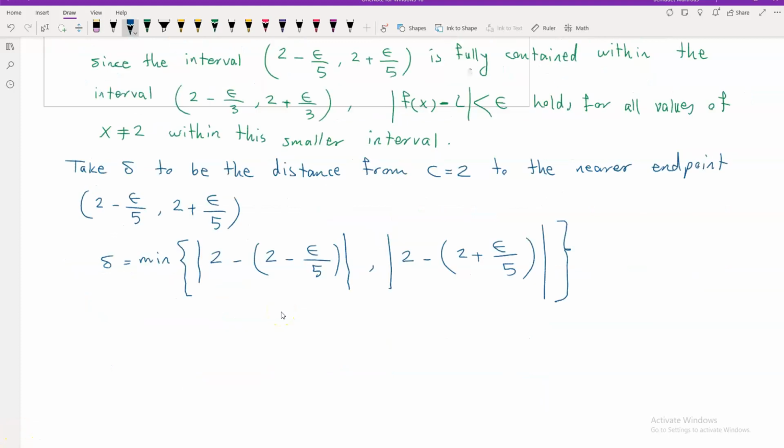So simplifying what we have here, delta is epsilon divided by 5.